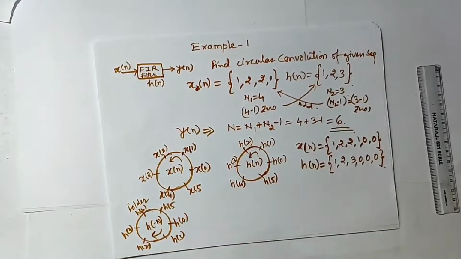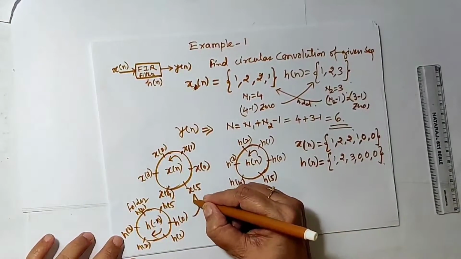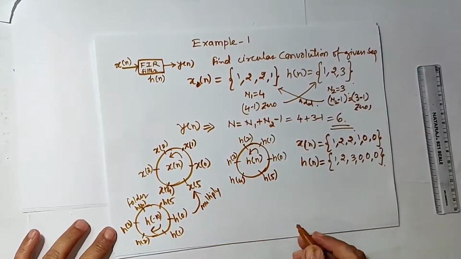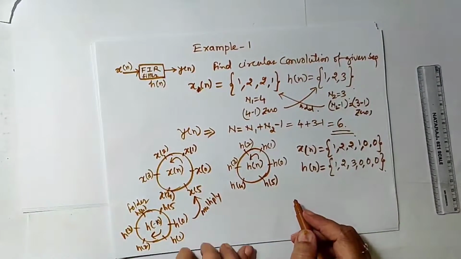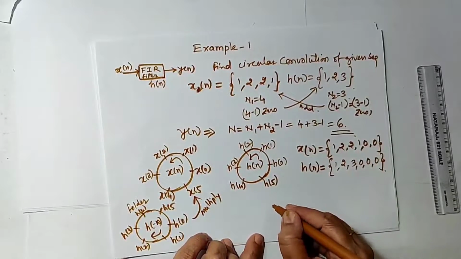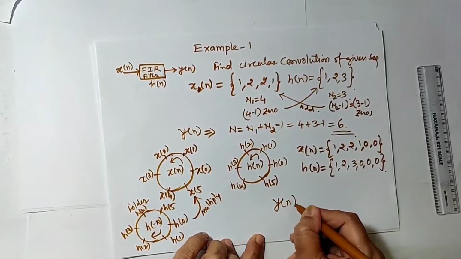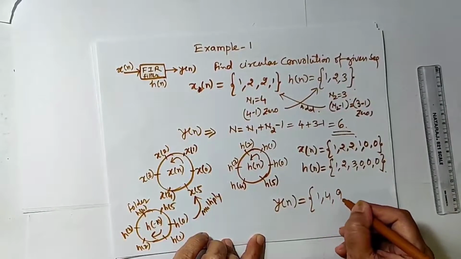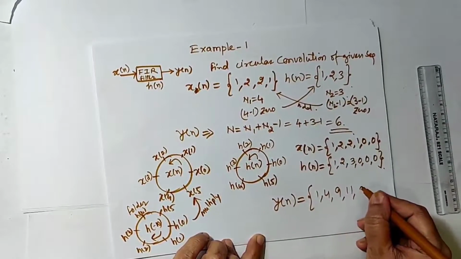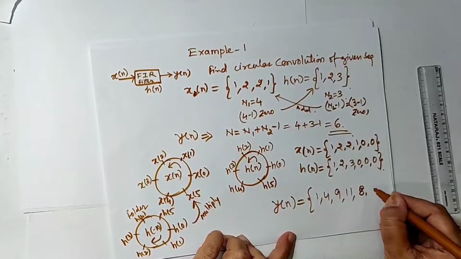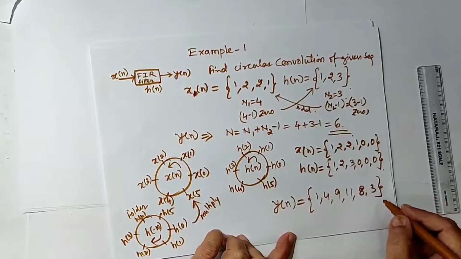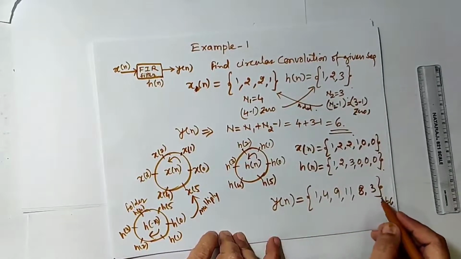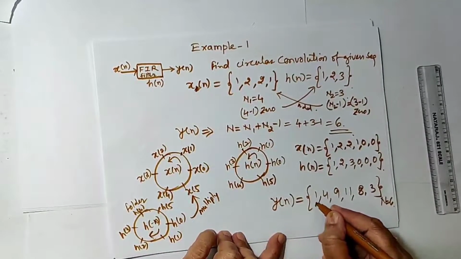This would be anti-clockwise, and multiply this and we'll get the answer. So I just write the answer that yn will now be 1, 4, 9, 11, 8 and 3, which should be 6 values. So this is the answer.